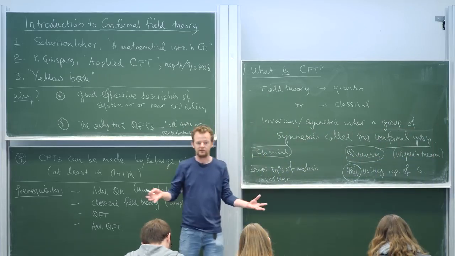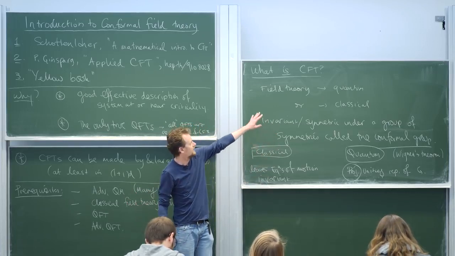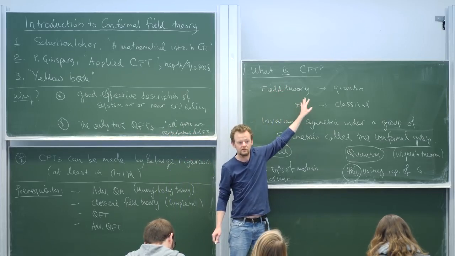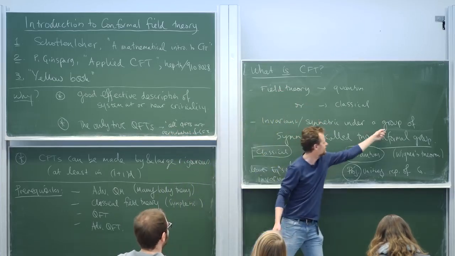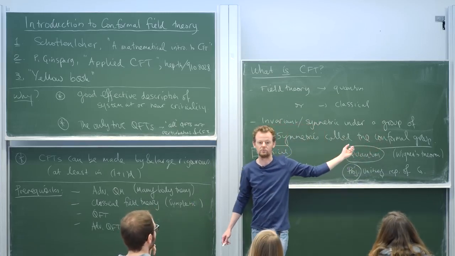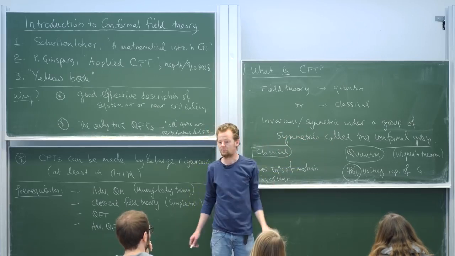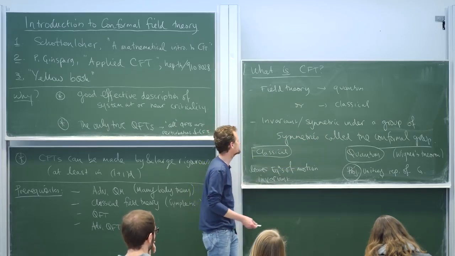And you can see, roughly speaking, how I'm going to structure the course now. I assume you know about field theory, both quantum and classical. So the first task of this course is to explain what is this group of symmetries called the conformal group. So that's the objective for today and the next couple of lectures, to explain what we even mean by the words conformal group.